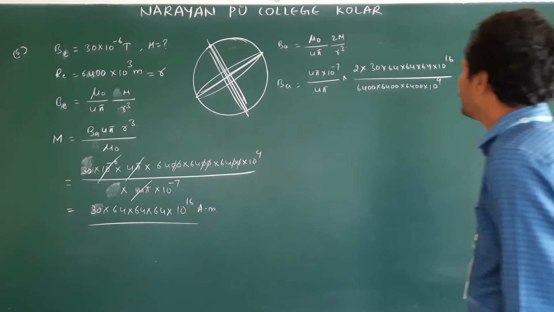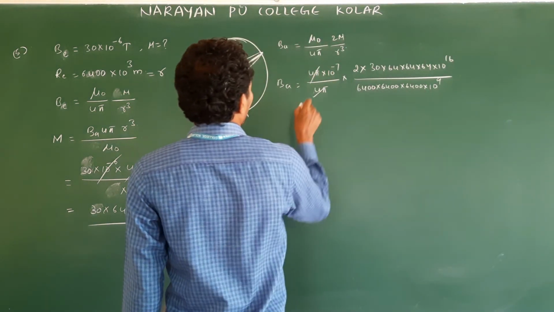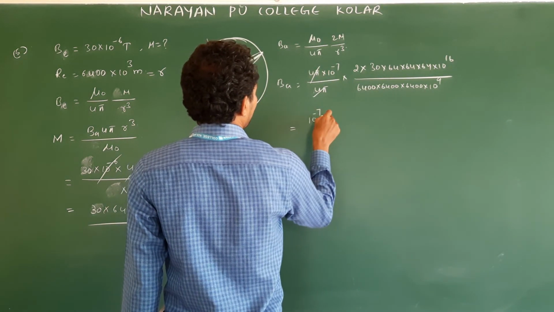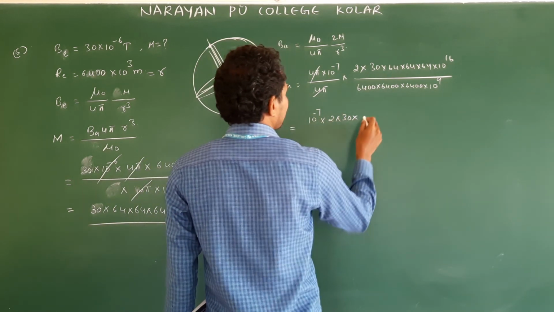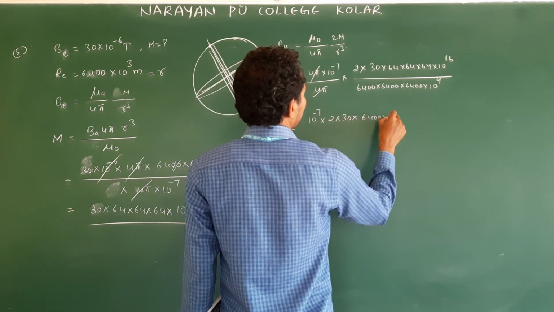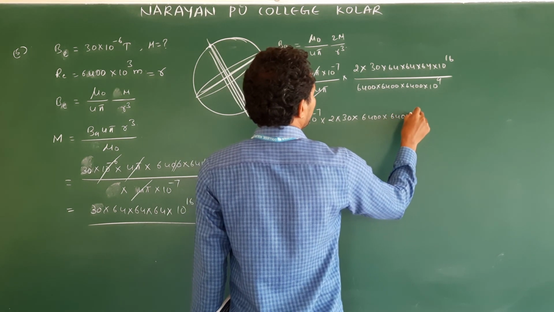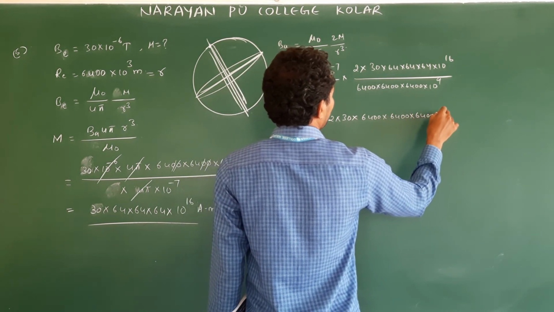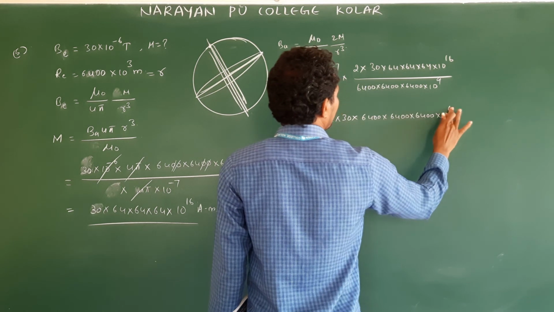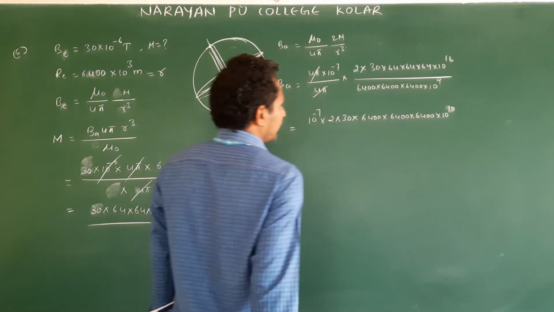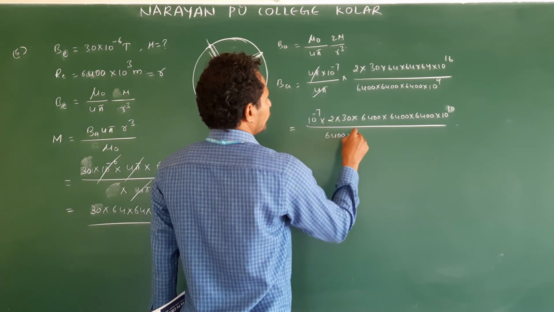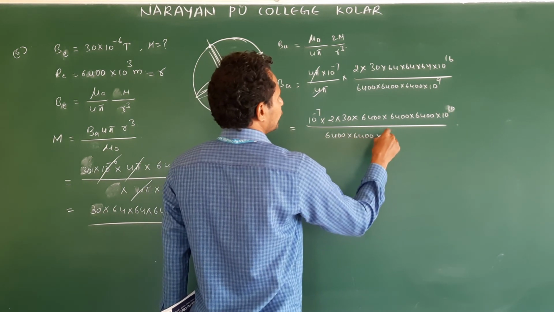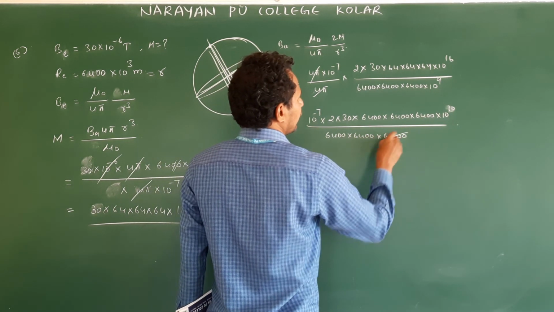The 4 pi cancel. 6400 with 2 zeros three times, total 6 zeros taken.